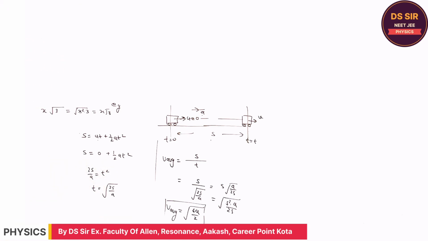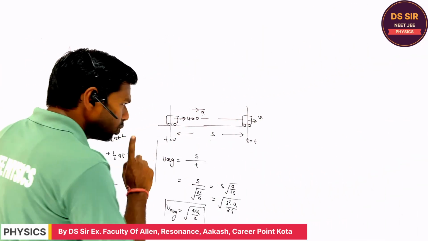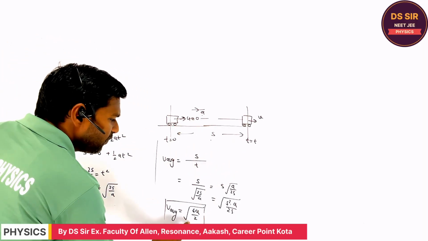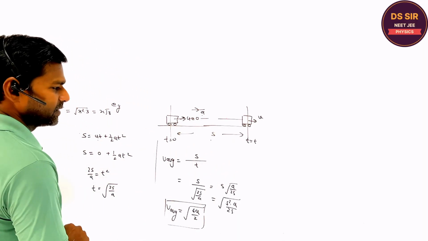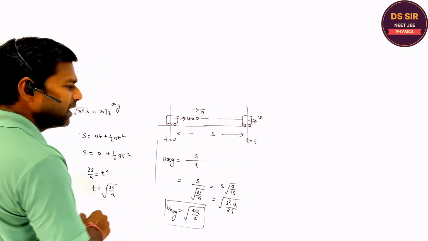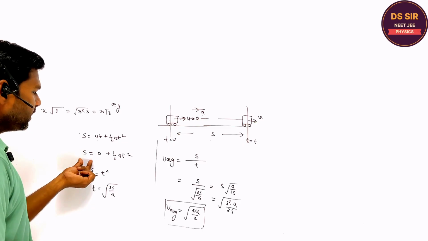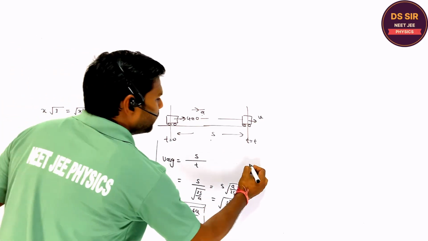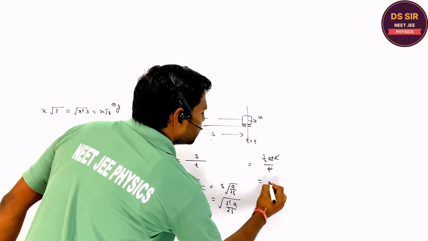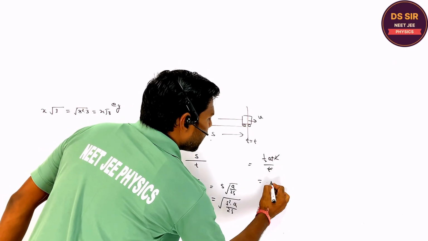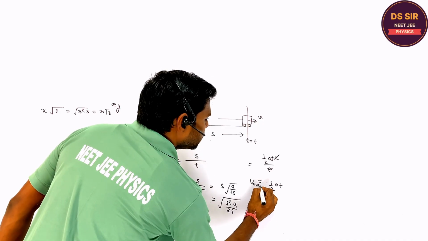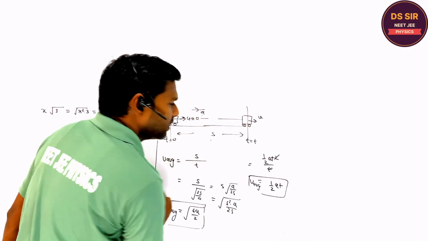Copy this. But listen, in the question the displacement s is given, so we have to find the answer in terms of s. If it said that in time t find the average velocity, then definitely s is equal to half at square can be put, half at square upon t. So t will cancel out, and half at will be the average velocity in terms of t.